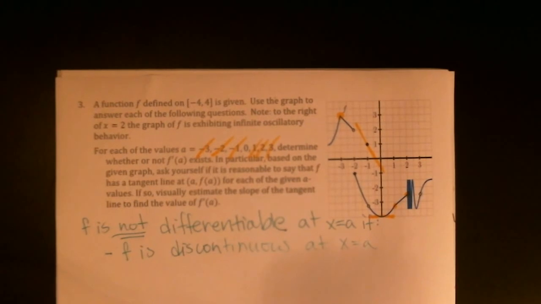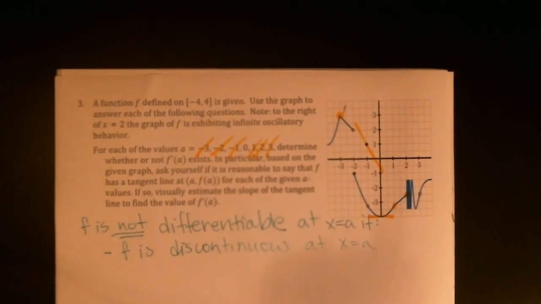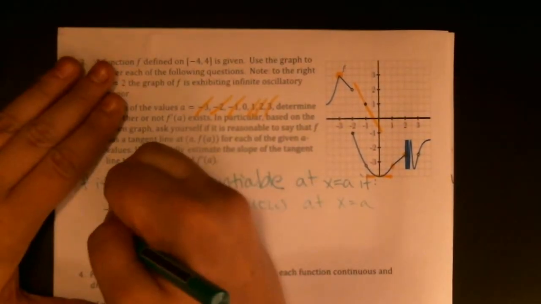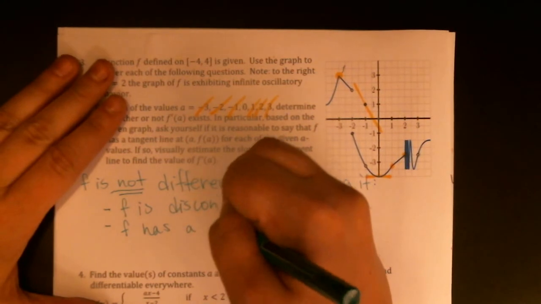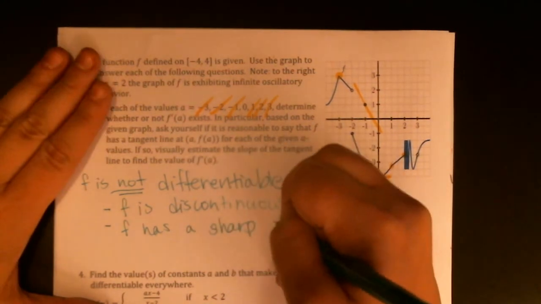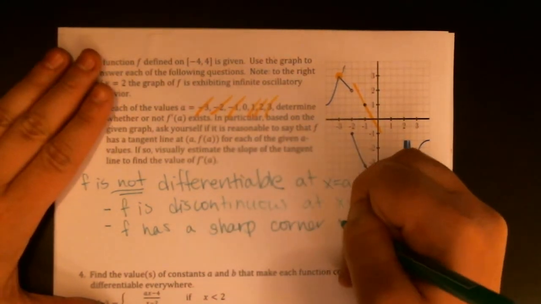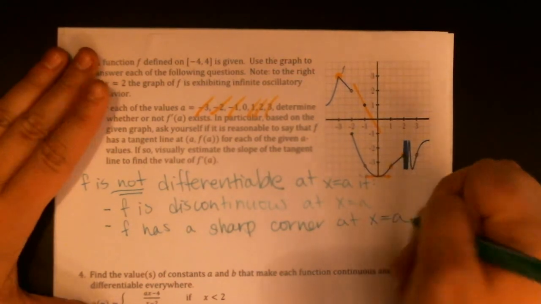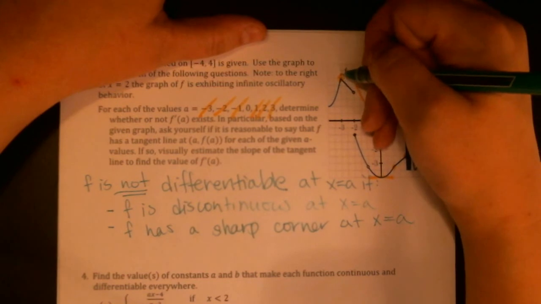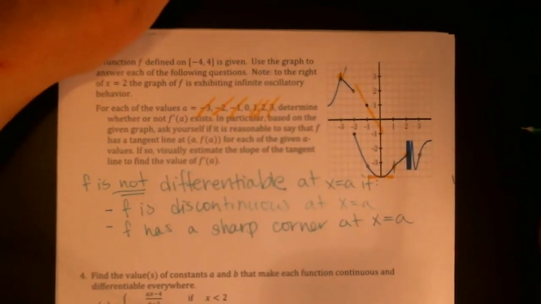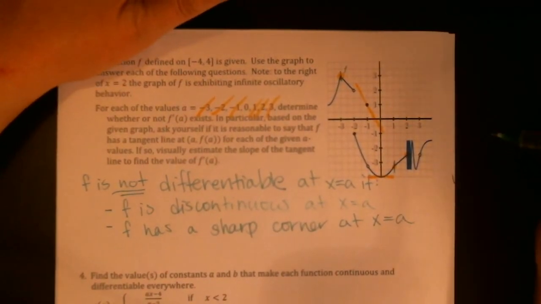Okay, so if there's a discontinuity, it's automatically not differentiable. If there's a sharp corner at x equals a, in our picture that was like this one right here, or this one right here, then it will not be differentiable.